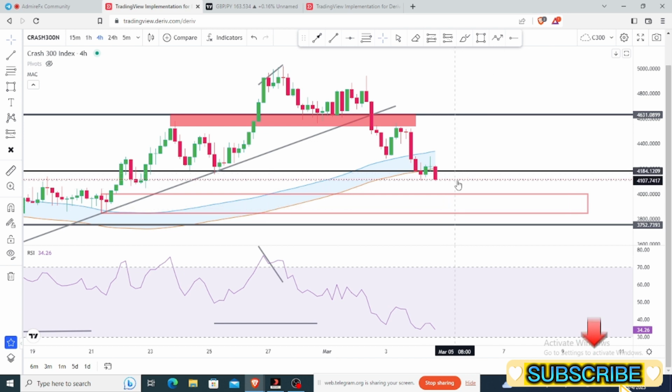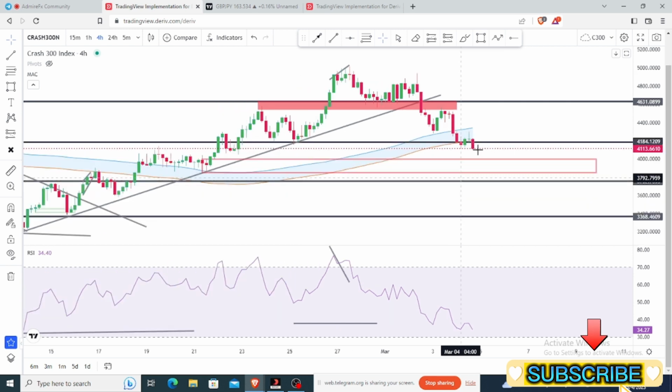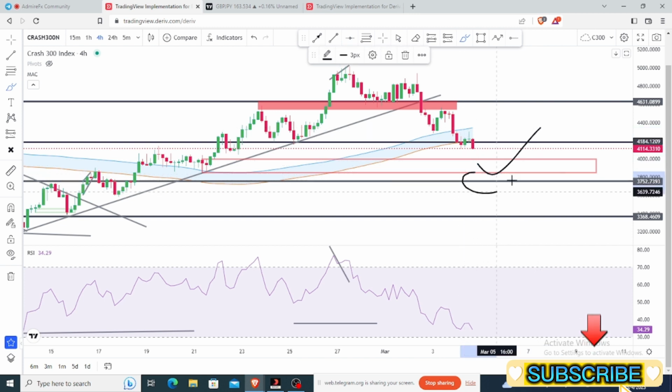So for now, I'm not seeing any possible move of price reversing to the upside from this key level. Okay, from this black line, which is my key level, I'm not seeing possible moves. So we will be looking out for either price to react from this area, which is the order block, or from this key level, which is very close to the order block.